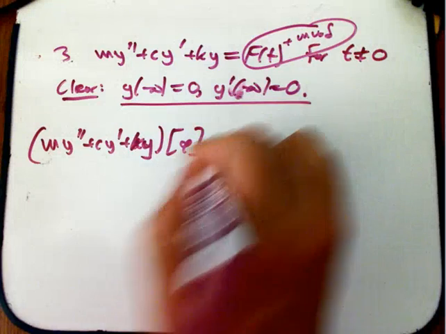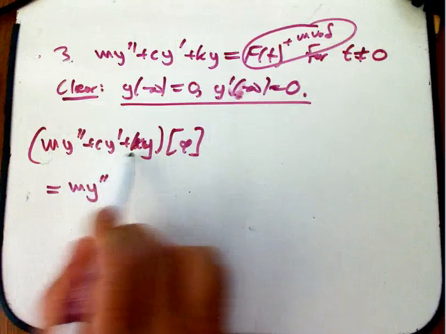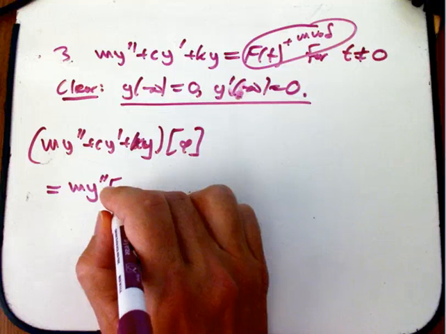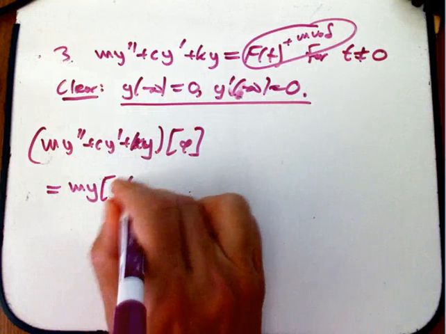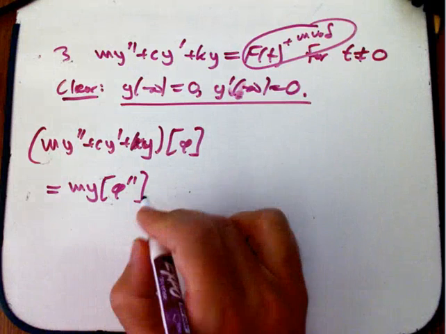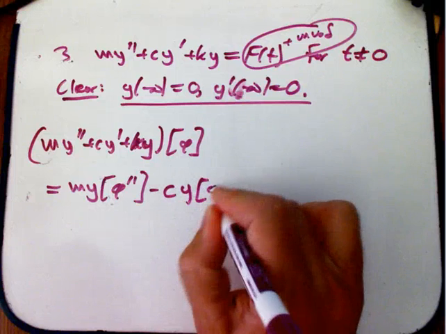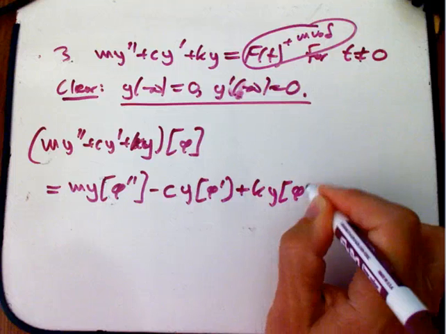By the definition of what it means to take these and add them and scalar multiply them, this is just m y double prime, and what it means to take the derivatives. We'll go ahead and do that. Remember, there are 2 minus signs, so they cancel out, but here that turns into a minus, and here it's just k y on phi.